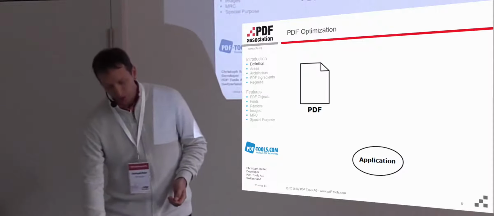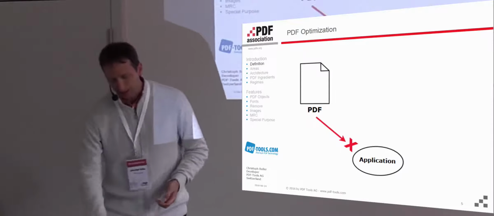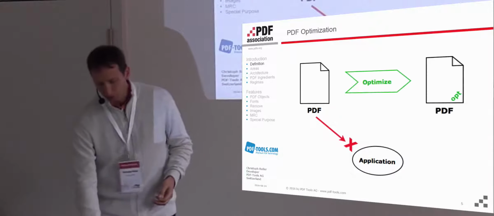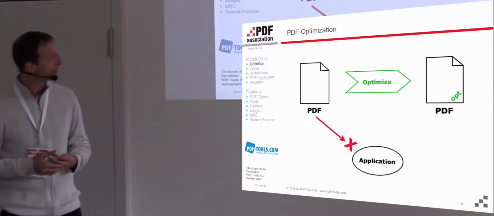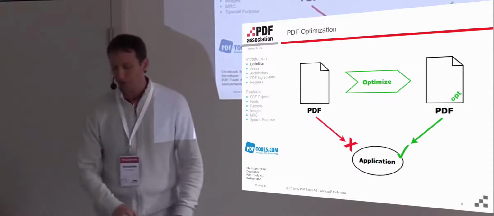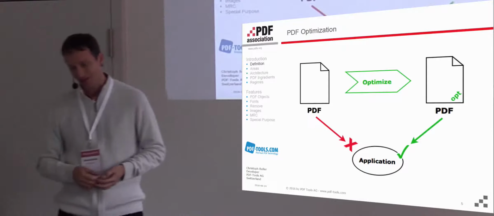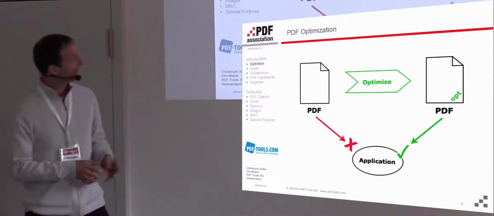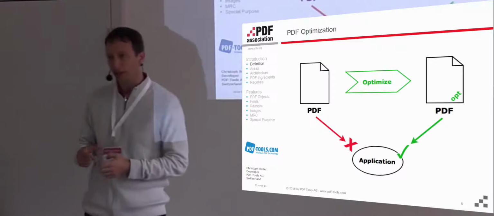And due to the nature of how this PDF is structured, I cannot apply them in this application. So, one possible way out is to optimize it in a certain way, such that after the optimization, these optimized PDFs are applicable in the required applications. So if you look at the words that are now on the screen, it's more or less PDF, of course, and then it's optimizing application.